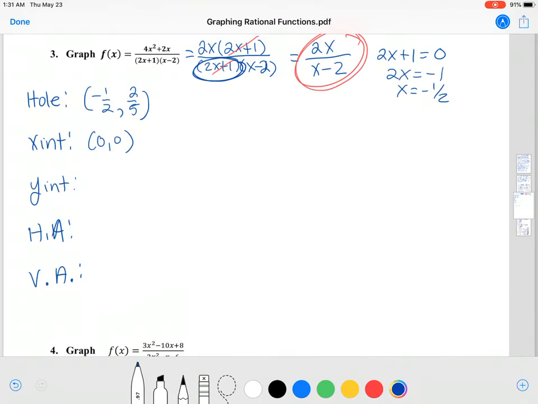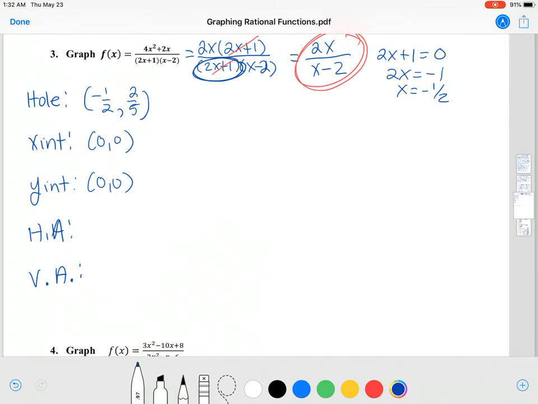Well, when I plug in 0 for 2x over x minus 2, I get 0 in the numerator, and 0 over -2 is going to be 0. So I'm also going to have a y-intercept at 0, 0, and when it passes through the origin, it's passing the x and the y-axis at the same time, and that's a special case where both the x and y-intercept are the same.